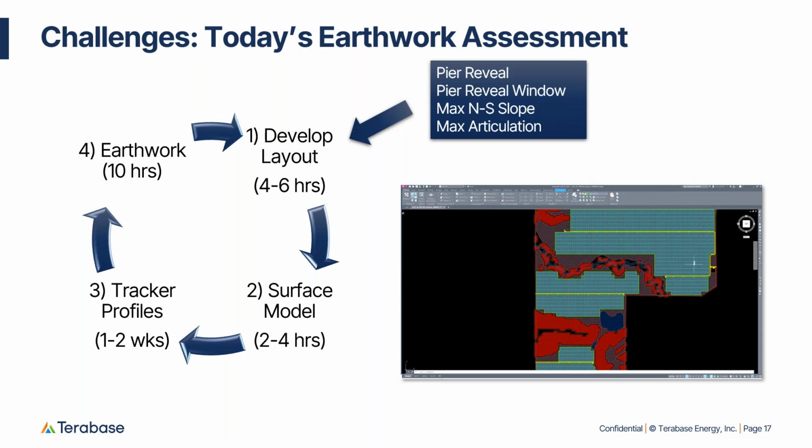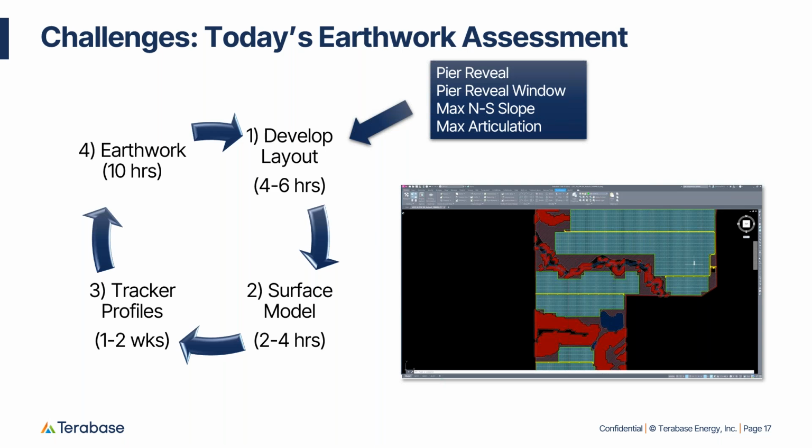So you pick one value for each of those parameters. And then you'll develop a layout, maybe you already have that. You'll develop a surface model, you'll design the tracker profiles, and then you'll do an earthwork assessment. And if you need to compare two scenarios, you'll need to do that again. And that could take on the order of, let's just say, 2 weeks.